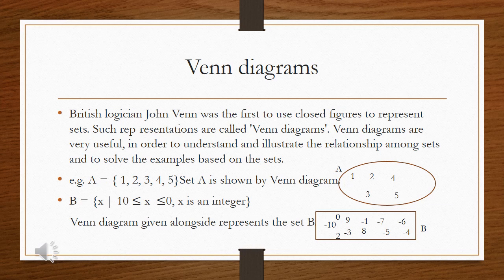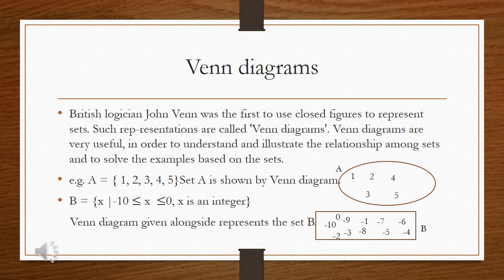So here two more conditions are given, that x is greater than or equal to minus 10 and less than or equal to 0. Less than or equal to 0 means x can take the values 0, minus 1, minus 2, minus 3 etc. But x is greater than or equal to minus 10, that means it can go down to minus 10.